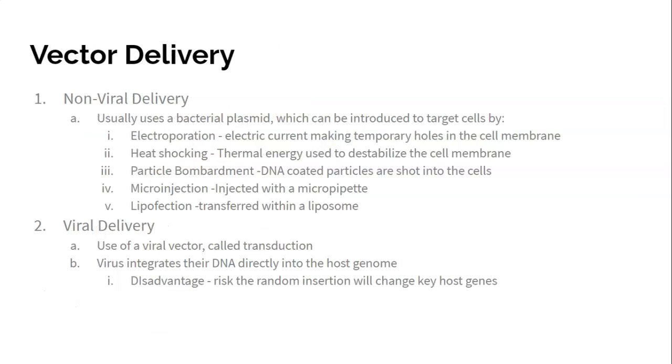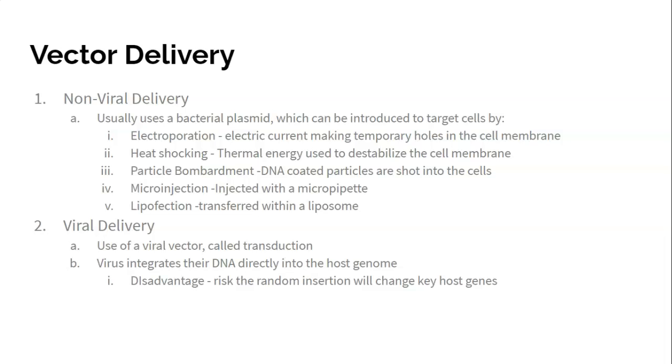For vector deliveries, this is how you would get that gene back into your original host. So there's non-viral delivery, in which you use a bacterial plasmid, and so there's 5 different ways that you can do that. You can use electroporation, heat shocking, particle bombardment, microinjection, or liposuction, and you can see what all of those do on the screen.